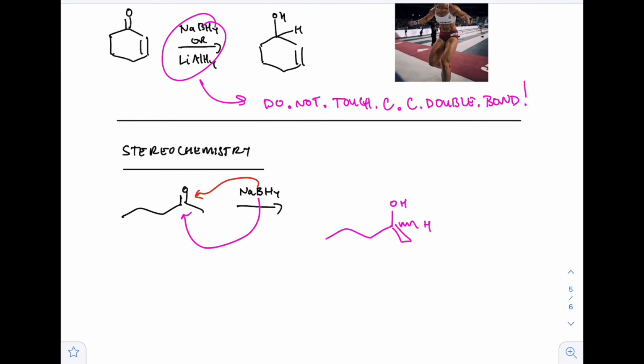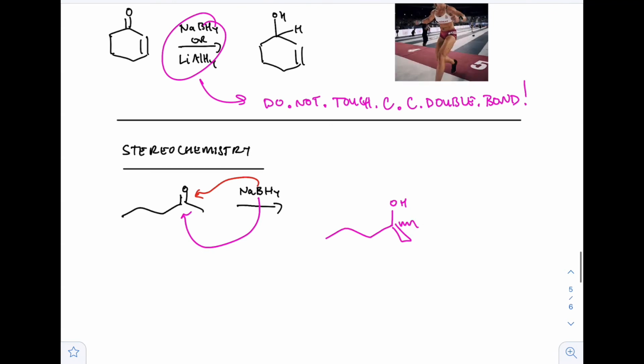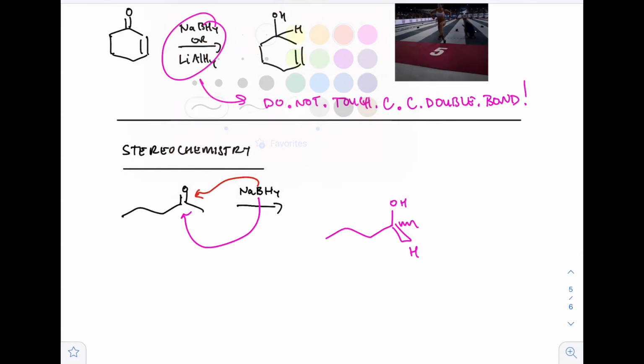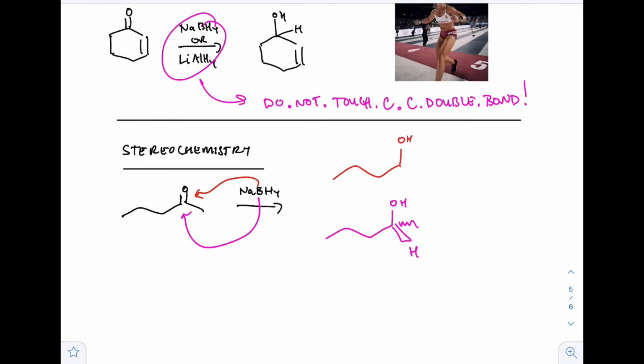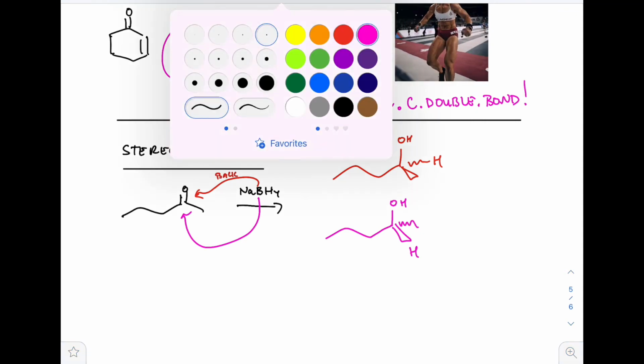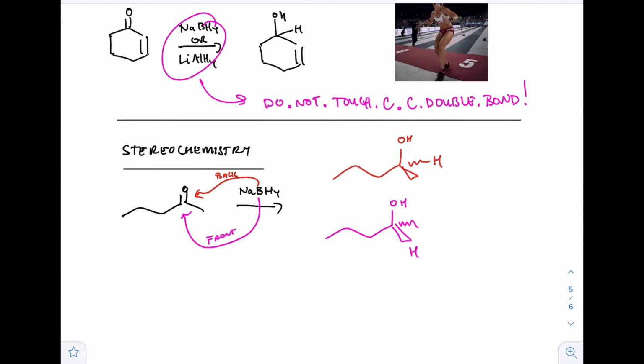It doesn't really matter whether it's the front or the back; it depends on how you look at those arrows. For me, I look at it from the front with the pink and the back with the red. So you're going to end up with these two different alcohol products. That's really the point, the back and the front. But it's a racemic mixture.